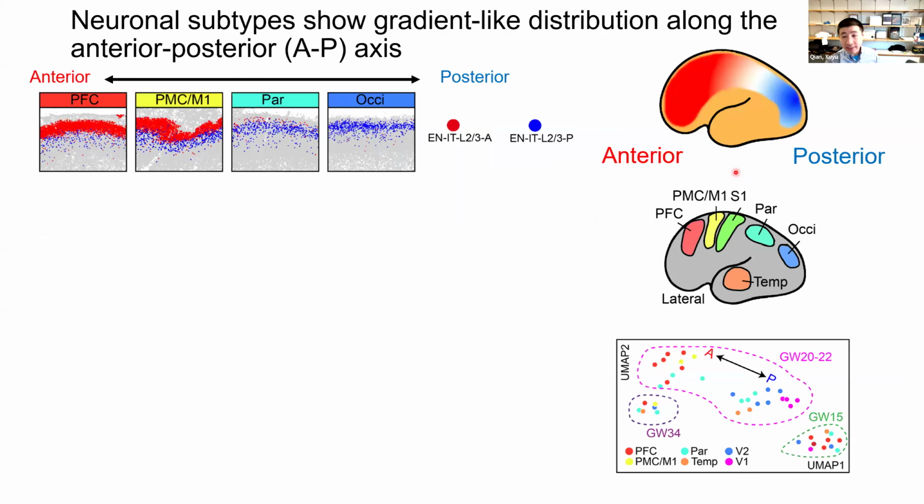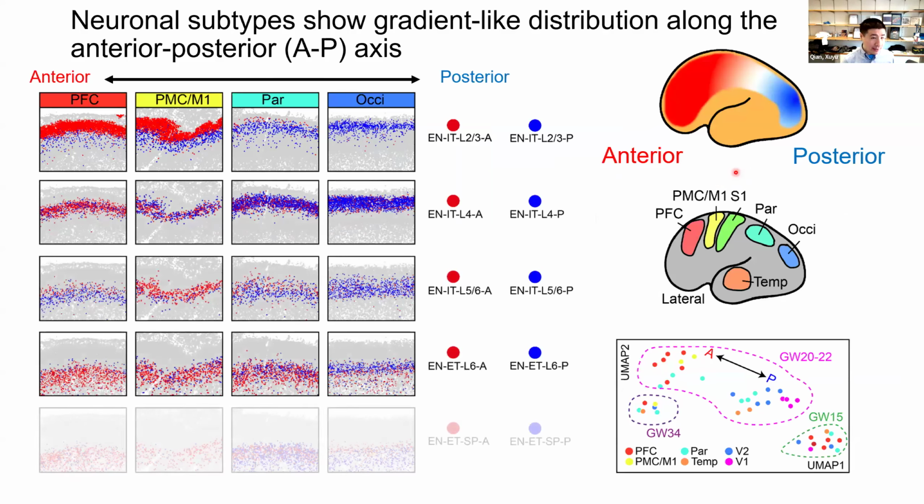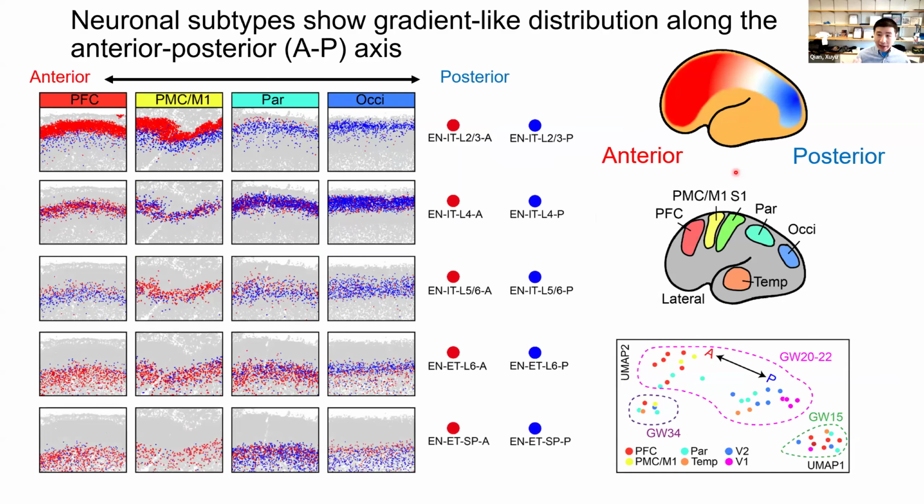So clusters like these can be found within every cortical layer. And here I'm showing you examples of opposing pairs of neuronal subtypes between the anterior and posterior regions.